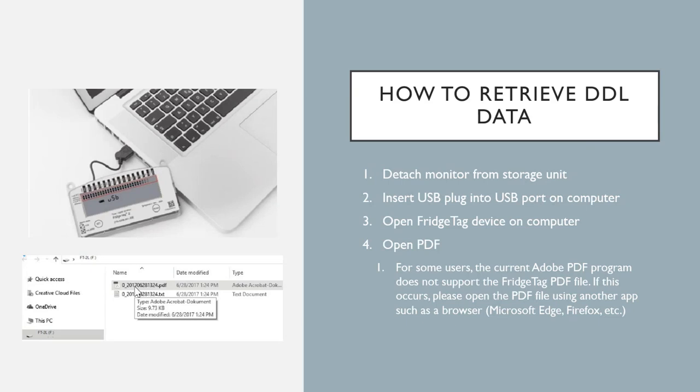For some of our users, the current Adobe PDF program, depending on which one you have, won't support the Fridge-Tag PDF file. If this occurs, you're going to have to go ahead and open the file using another app, such as a browser like Microsoft Edge or Firefox. We would also like to caution our providers that sometimes work computers have a safeguard that doesn't allow you to just plug in any USB to your device.